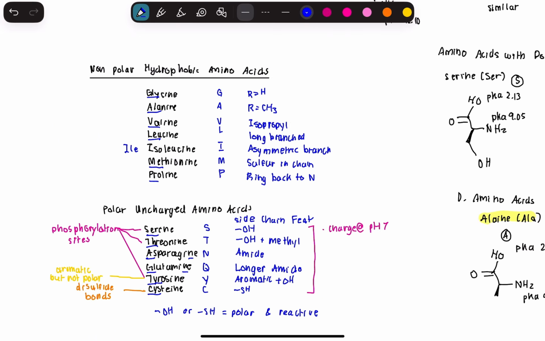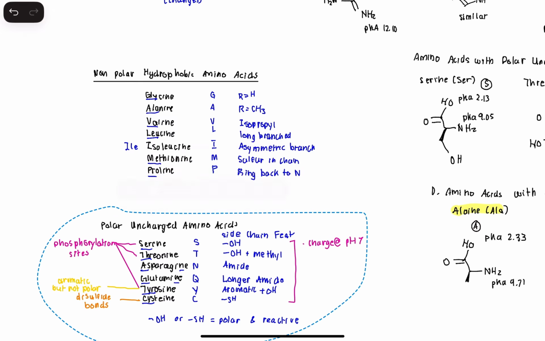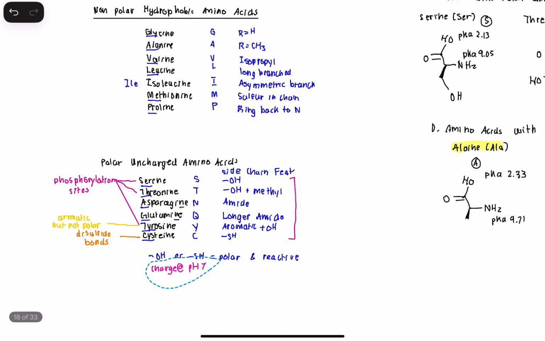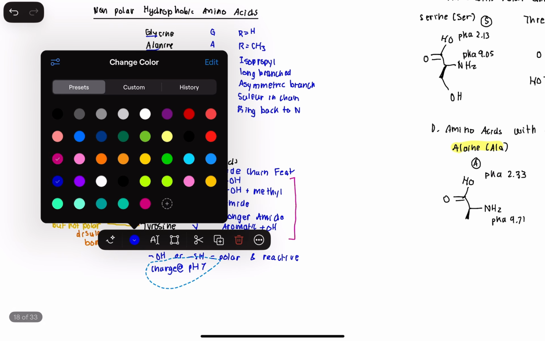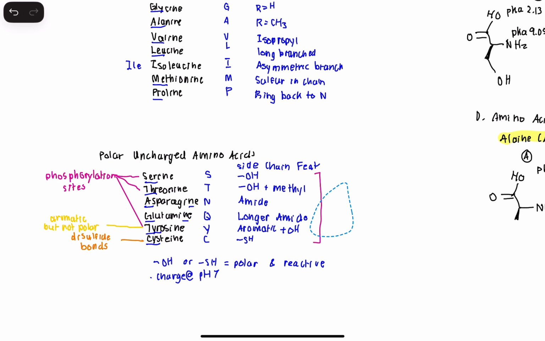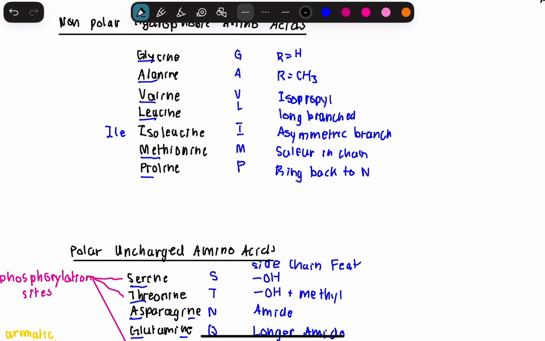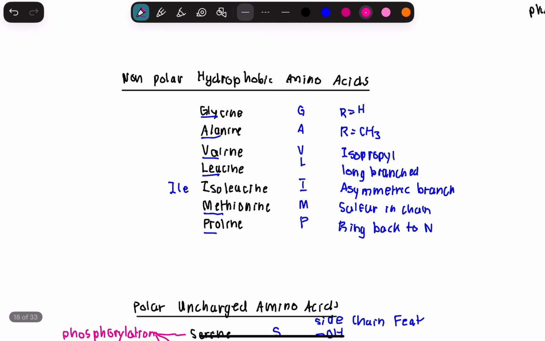Now up here for our non-polar, note that glycine is the smallest and it's also flexible.